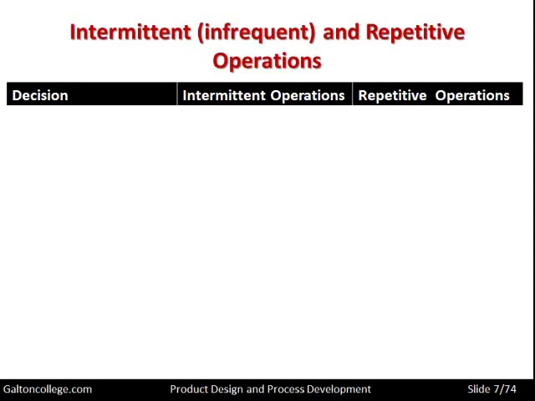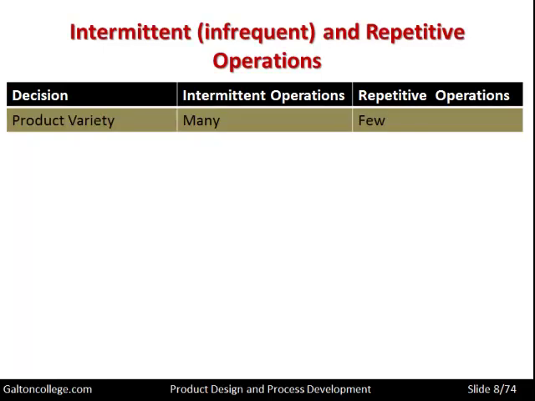Well, we can contrast the two in terms of the decisions that have to be made. So for example, when we're dealing with product variety, with intermittent operations, we have many varieties. It's produced from time to time. But with repetitive operations, we have very few product designs.